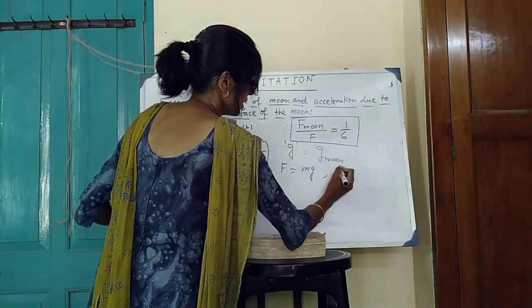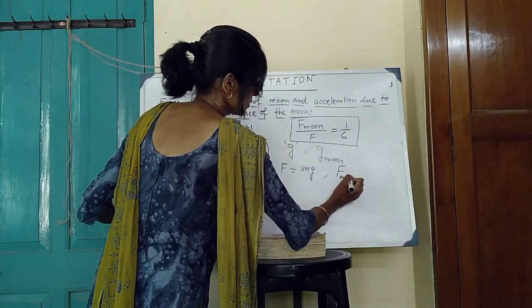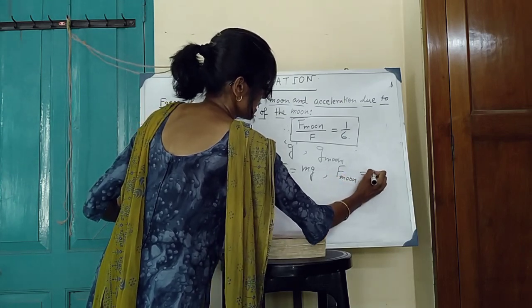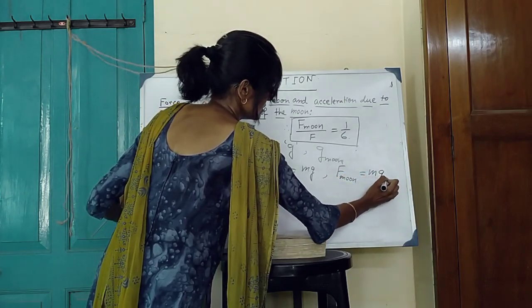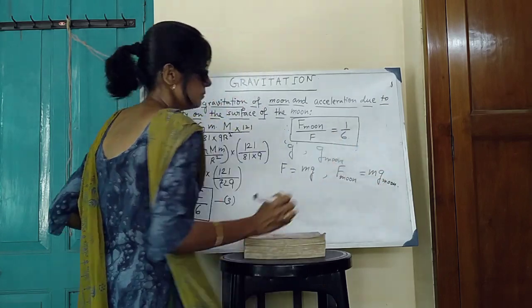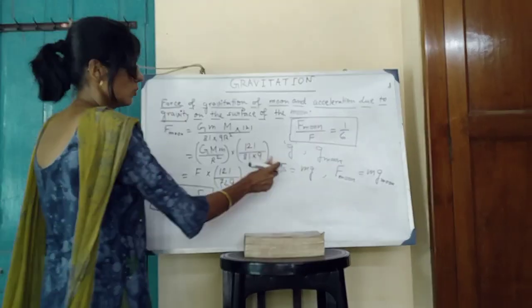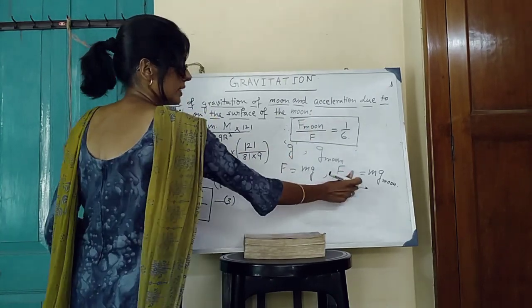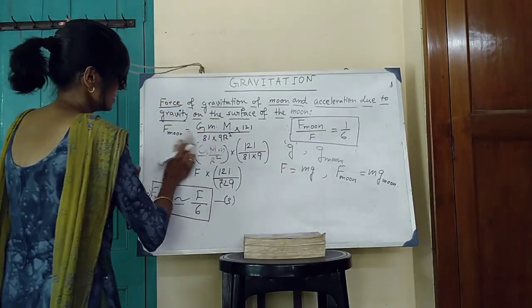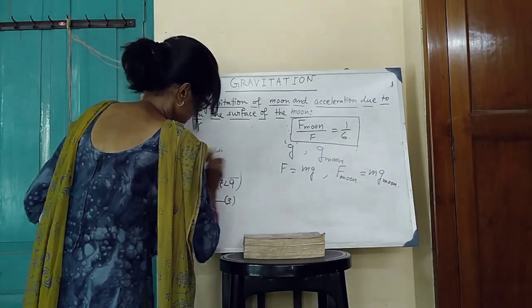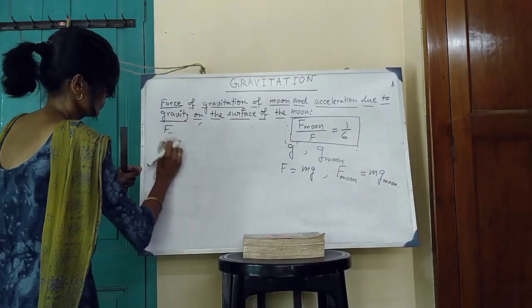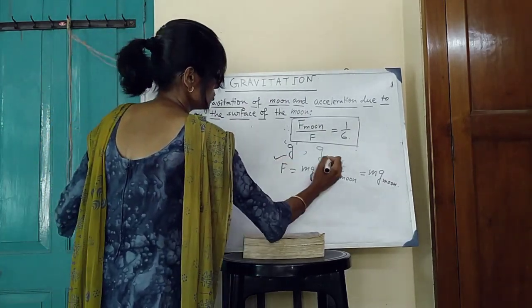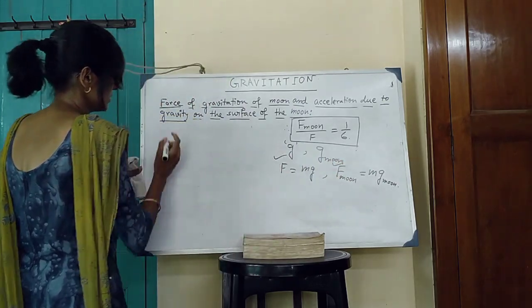Similarly, the weight of the body on the surface of moon is m g moon. We get F moon by F is equal to 1 by 6. So take the ratio.